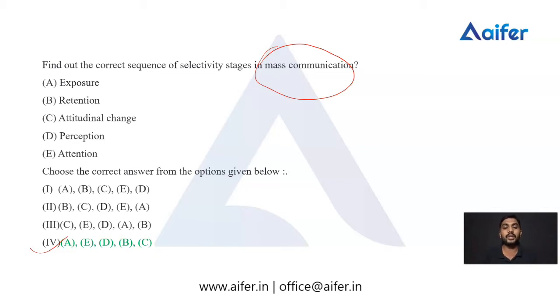So there will be a large number of unknown audience. The question is related to identifying the order or correct sequence of selectivity stages in mass communication.